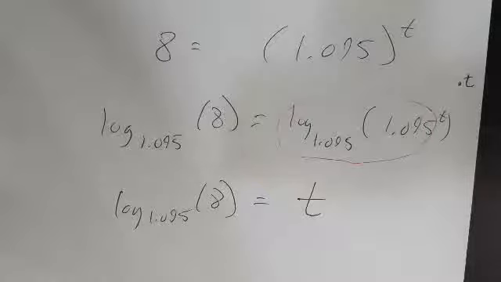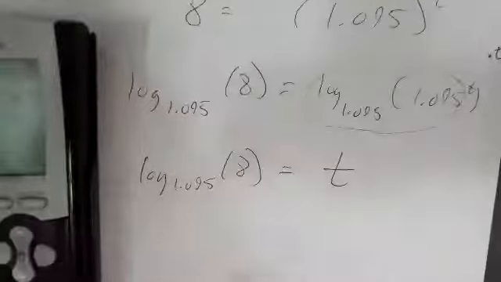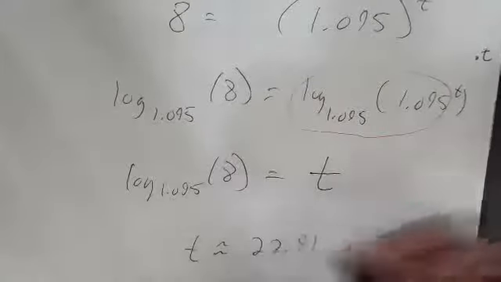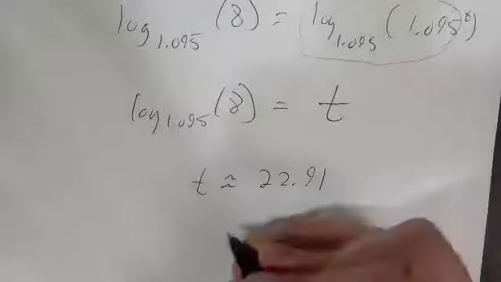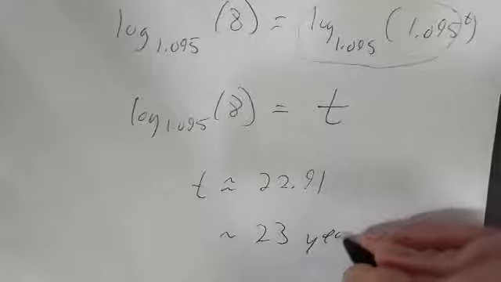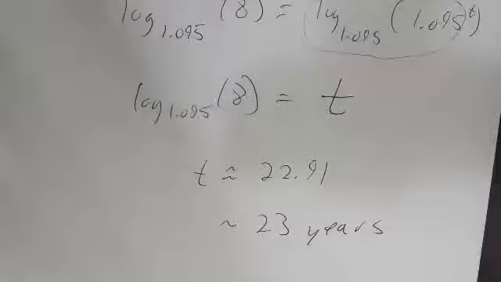So what we're going to have to do is a little bit of approximating. If we do log of 8 divided by log of 1.095, it's giving me something like 22.91. And so this is close enough. This is about 23 years is what I would probably tell them, just to be on the safe side.